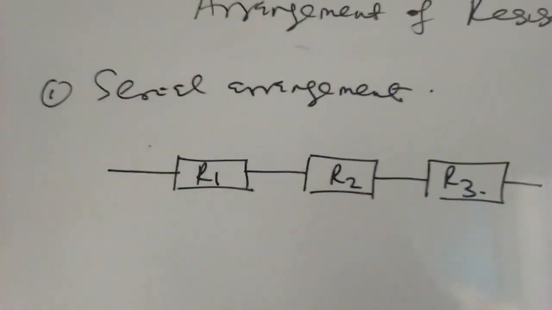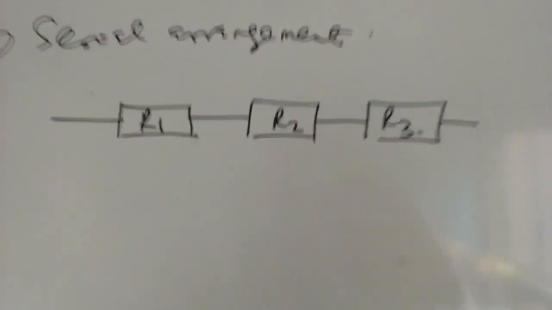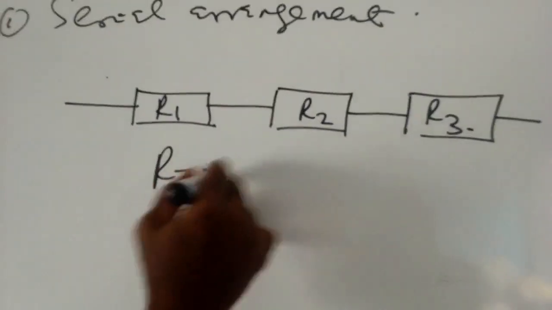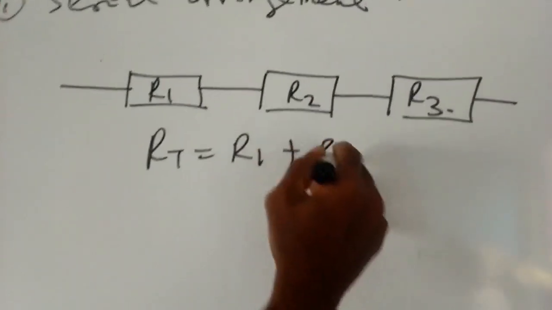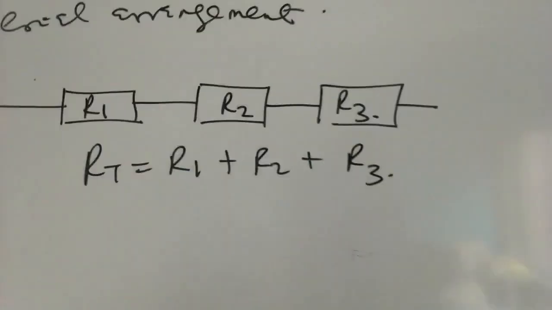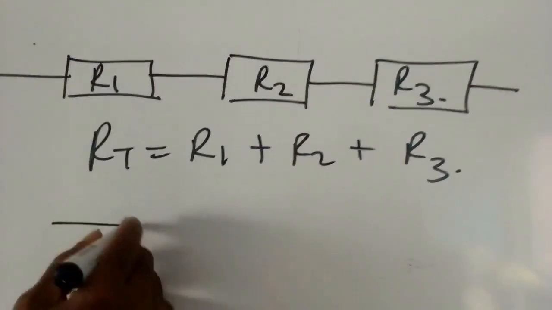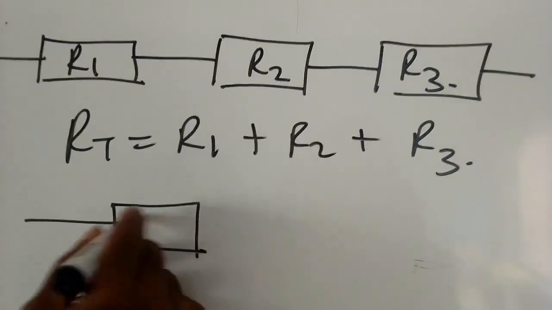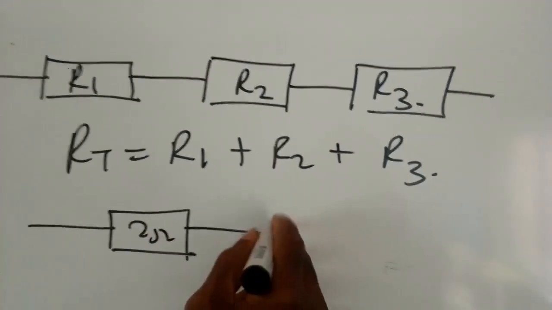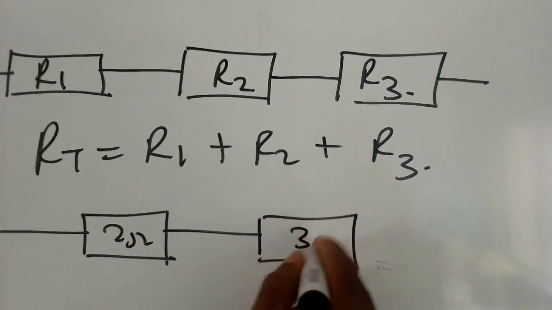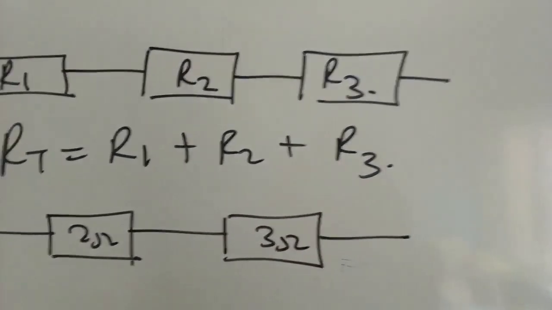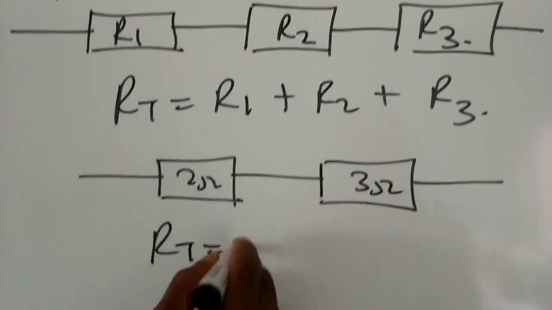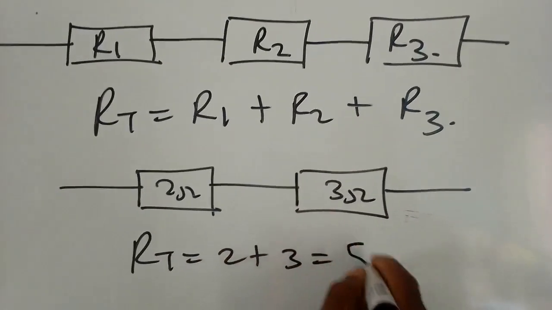If I want to find the equivalent or total resistance of resistors in series, I add up their resistances: R1 plus R2 plus R3. For instance, if we have 2 ohm and another of 3 ohm, you just add the two together, 2 plus 3, which gives you 5 ohm.